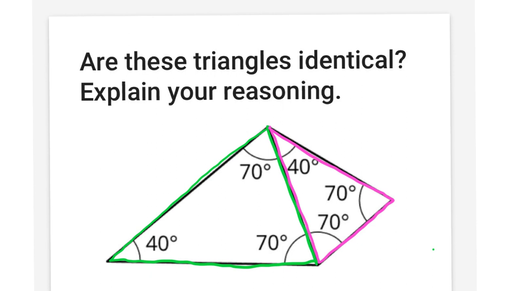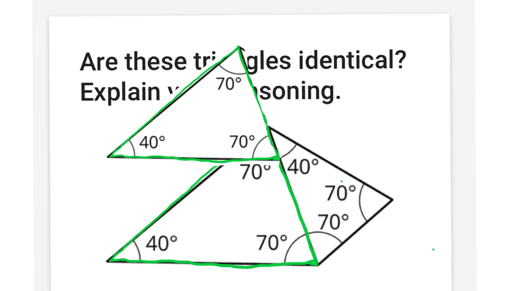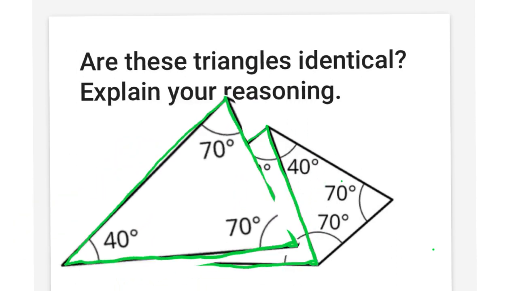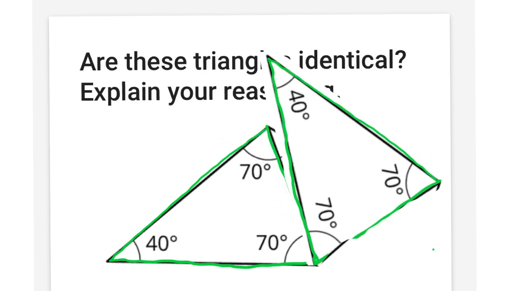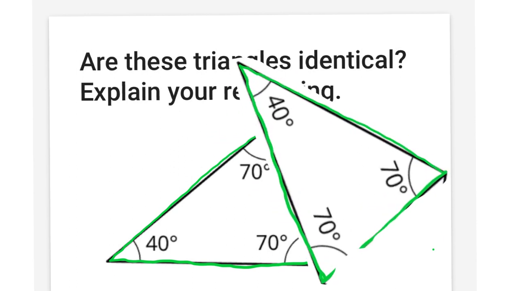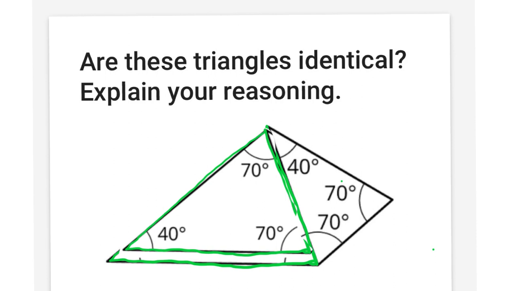If I were to cut that little pink one out and place it on top of the green one, are they the exact same triangle? So let's do that. Let's actually try and cut them out. All right, so what I've done is I've cut out this green one right here. If I were to turn it and lay it right on top, let's see.